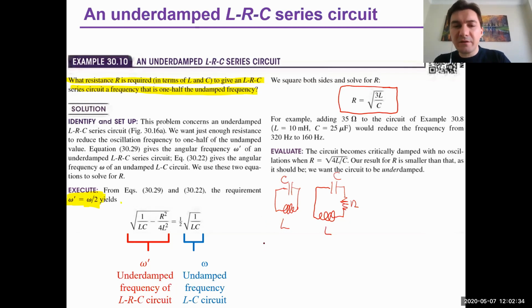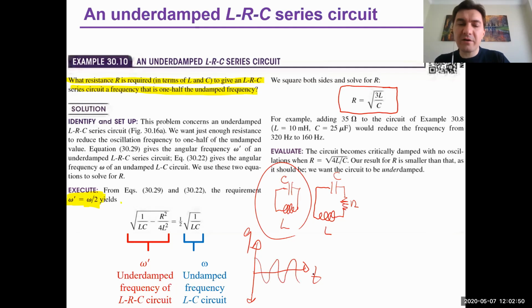So the behavior of Q, charge or current, as a function of time for this one is given by that one, okay? Like simple harmonic motion. But in the case of this one, we have this type of behavior of the Q as a function of time.